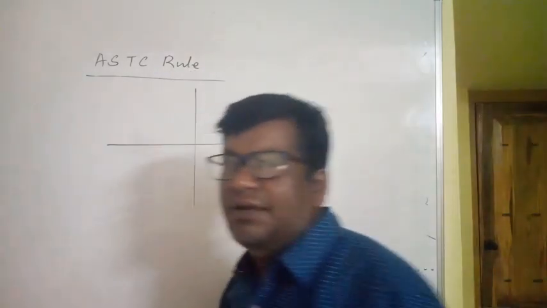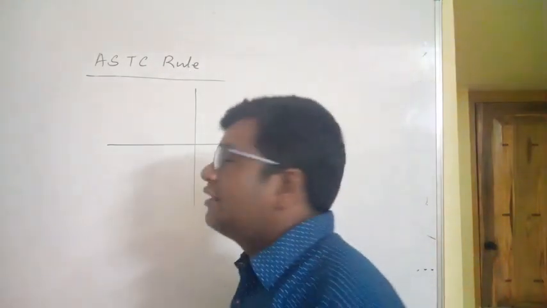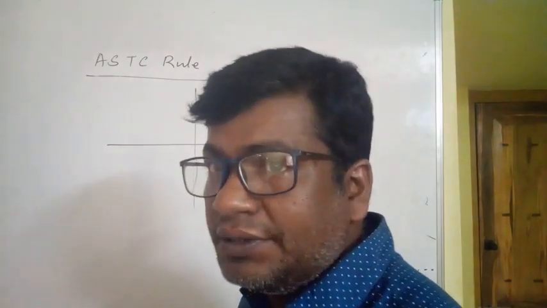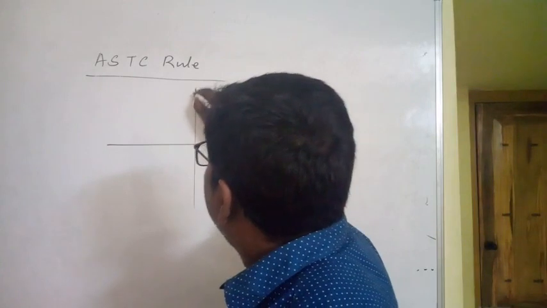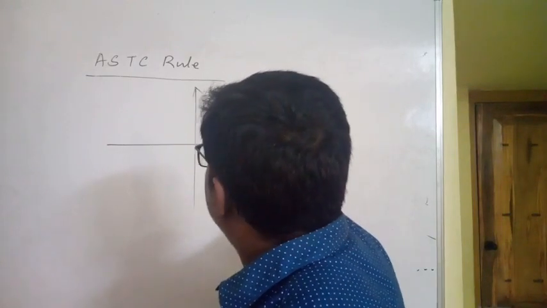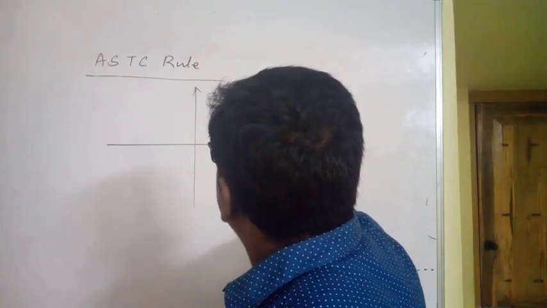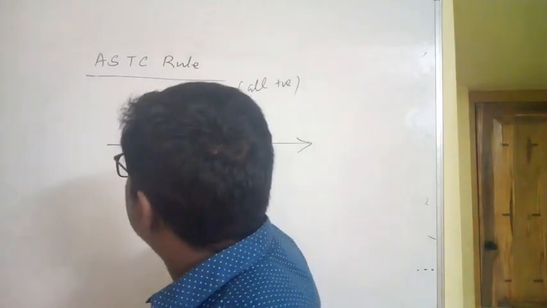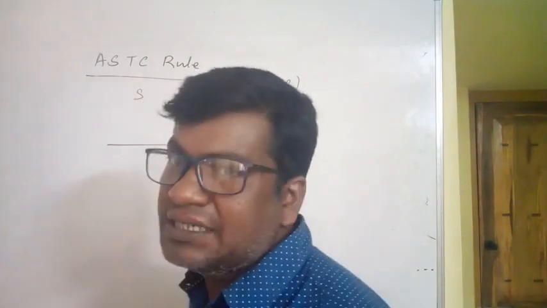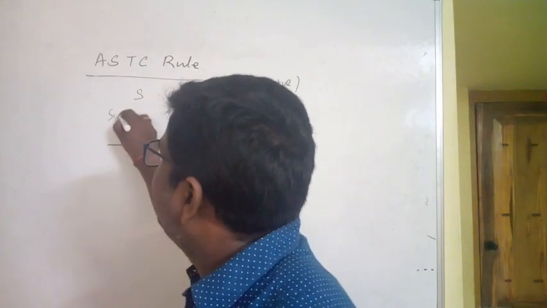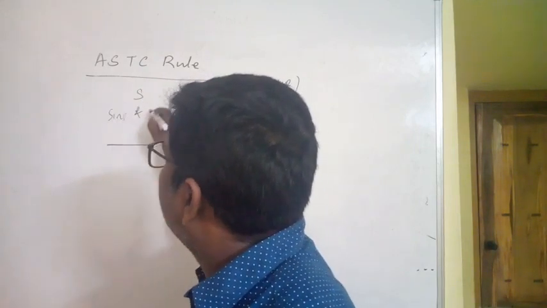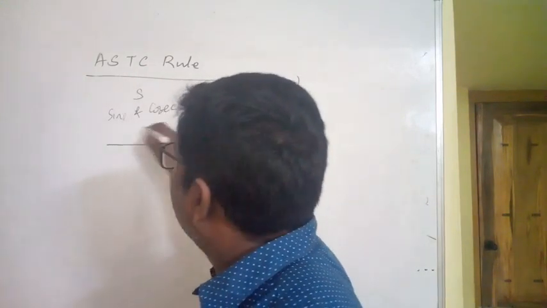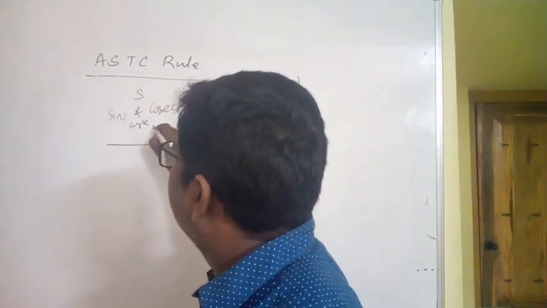In mathematics language, the meaning of the ASTC rule is: in the first quadrant, A means all are positive. S lies in the second quadrant, S means sine, and its reciprocal cosec are positive.